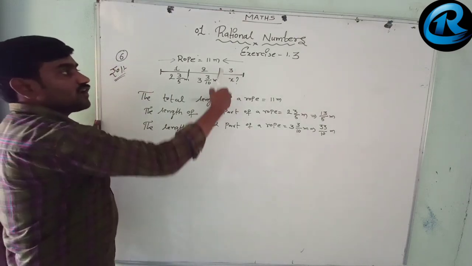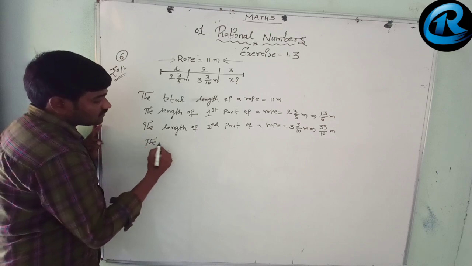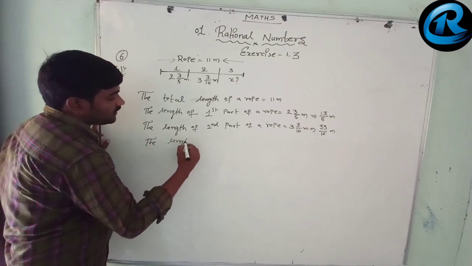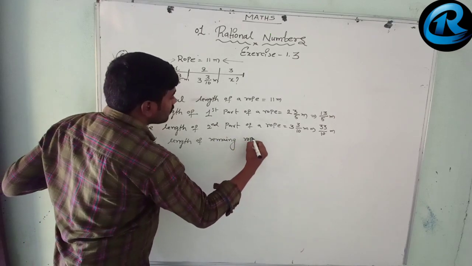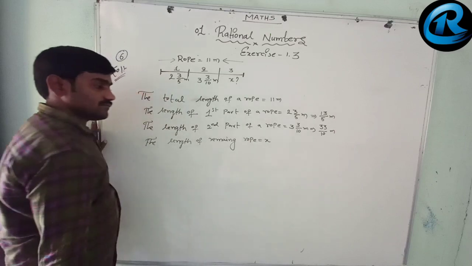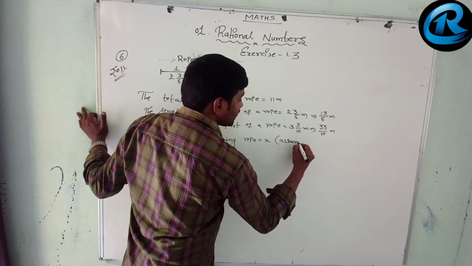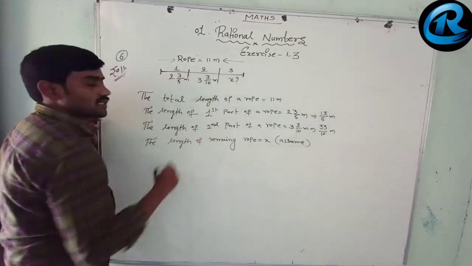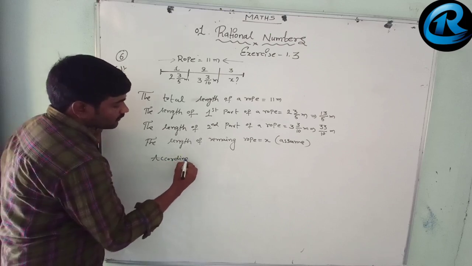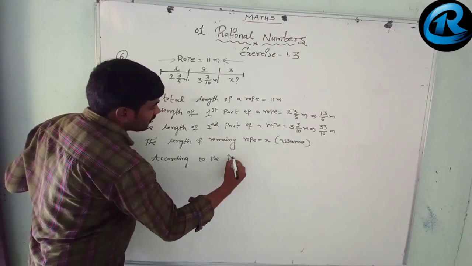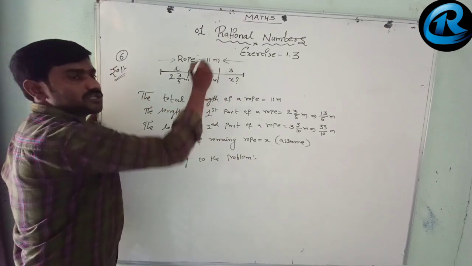Then we need to find out the length of the remaining rope. Let us assume the length of the remaining rope is x meters. Assume means we just take it as x meters. So according to the problem, if we add these three, we get 11 meters, yes or no?